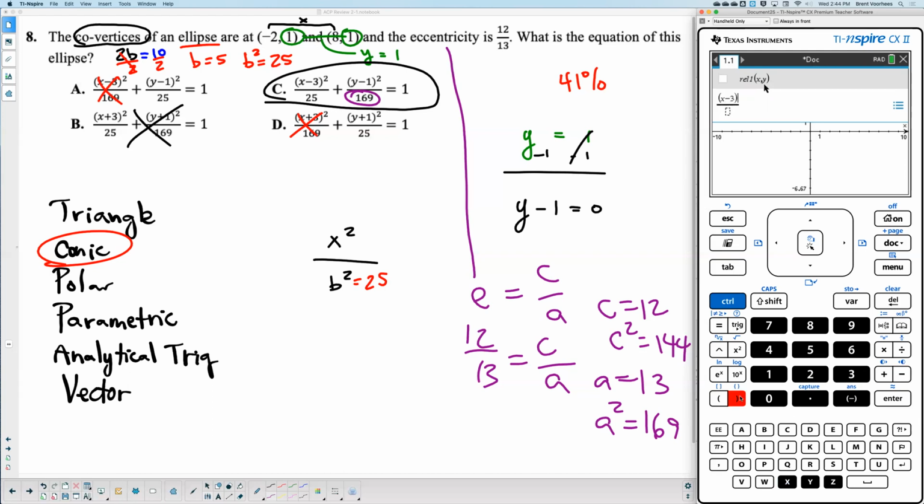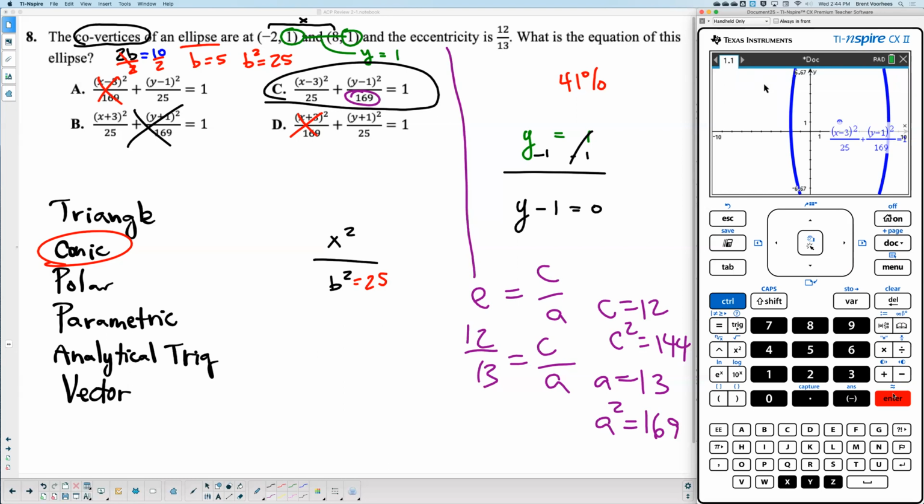X minus 3 squared over 25 plus y minus 1, again I'm gonna square it, y minus 1 squared over 169 equals 1.